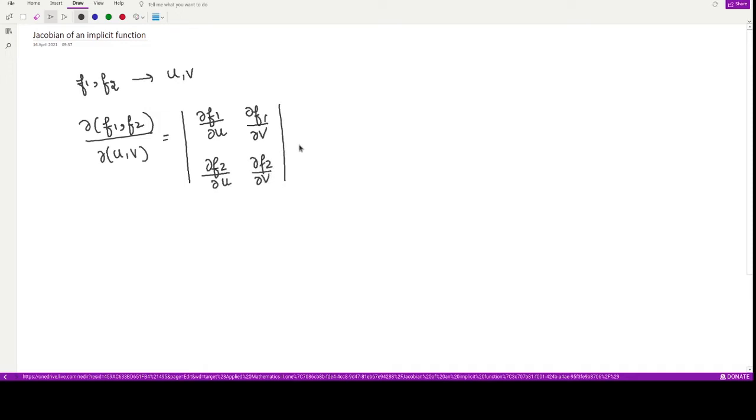This is what you have to calculate in order to compute the Jacobian of the functions f1 and f2.